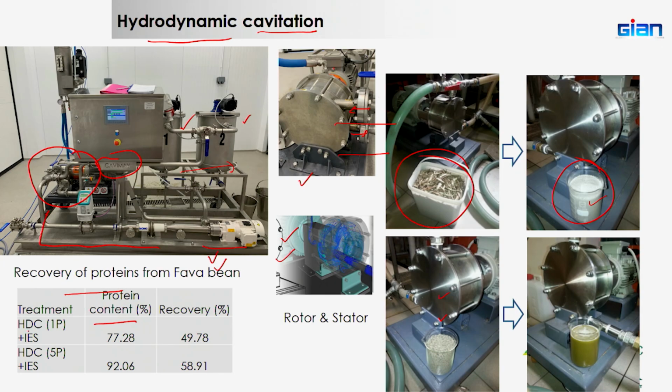Now if you see this one, HDC plus isoelectric separation or precipitation, whatever you want to call it. Technically it should be precipitation; sometimes we put isoelectric separation. Protein content and recovery: 1 pass, 2 pass means nothing. There is no unit called 1 pass, 2 pass. That depends upon the flow rate and other conditions.